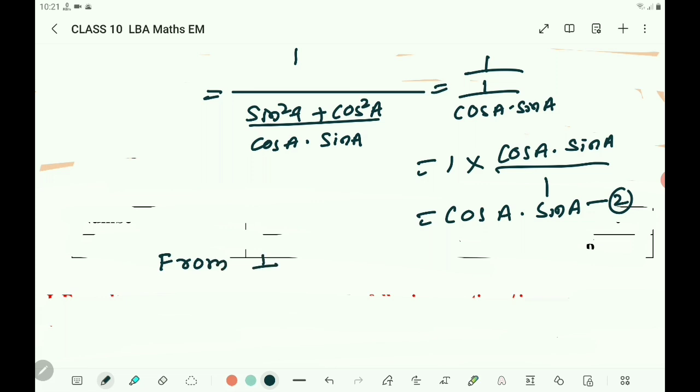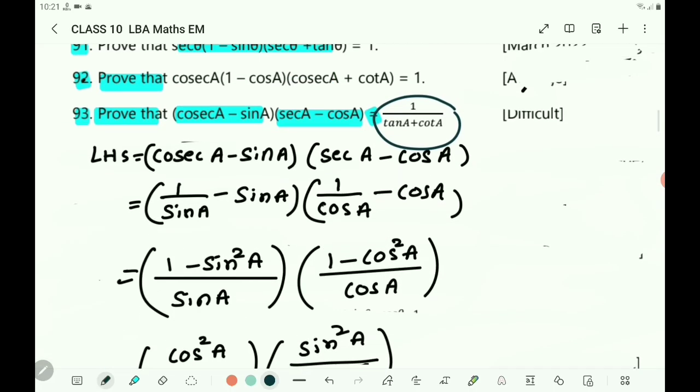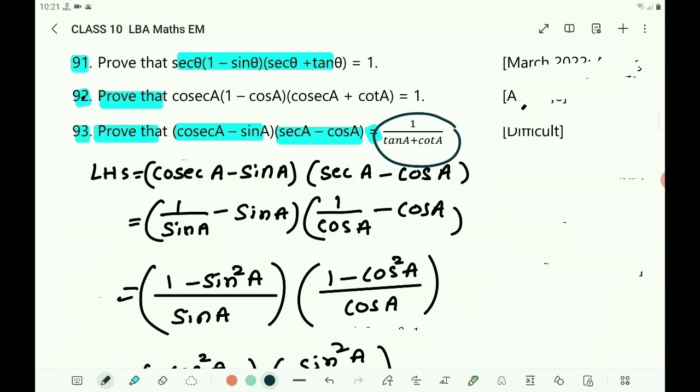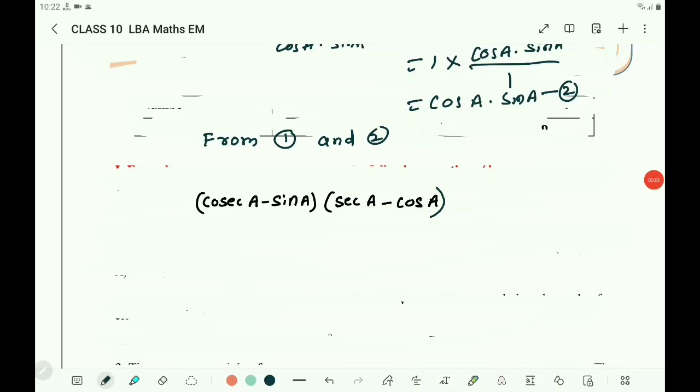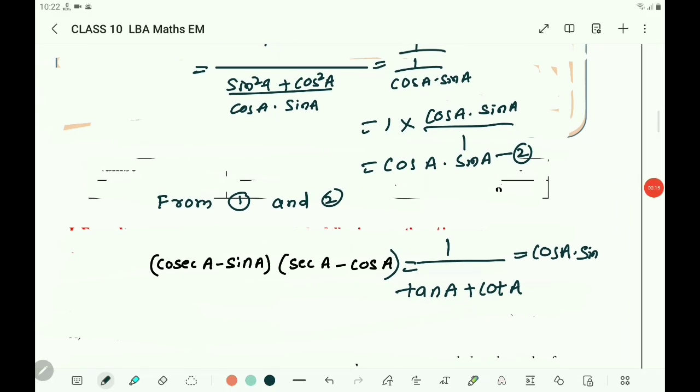From first and second you can write, what is that, cosec A minus sin A into secant A minus cos A is equals to 1 by tan A plus cot A, which is equals to what, cos A into sin A.